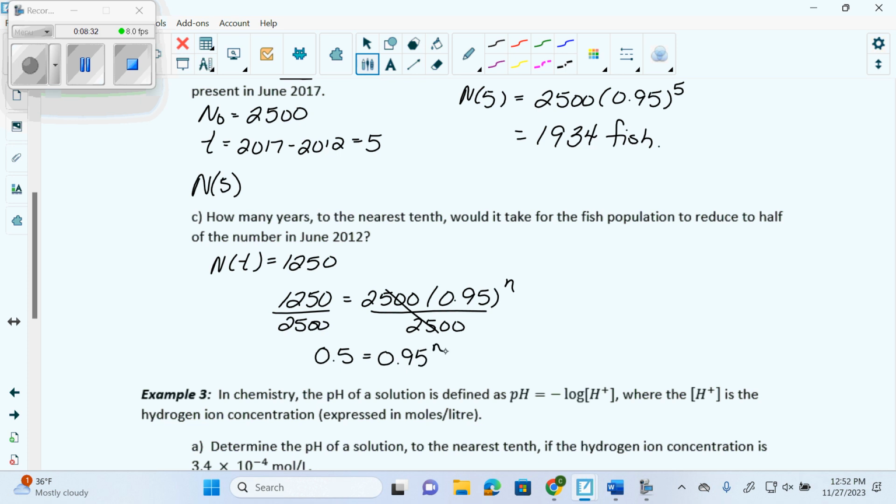And when I don't know the exponent, I have to convert to a log. So I go log base 0.95 of 0.5 equals n, which is 14.